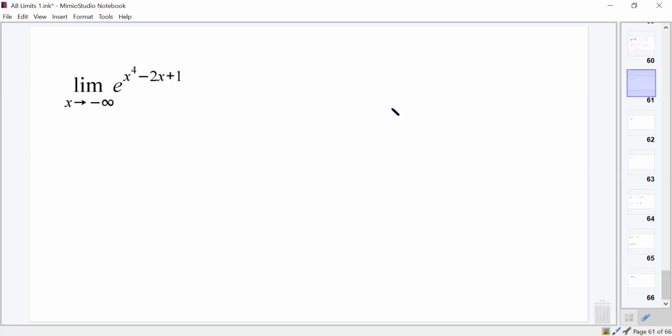All right, so what are we gonna do with this? Look mainly at the x to the 4th. Okay, so yeah, and we're gonna get rid of all of that, and then that x to the 4th is the part that dominates it. So if I let u equal x to the 4th minus 2x plus 1, as x goes to negative infinity, u is gonna go to what?